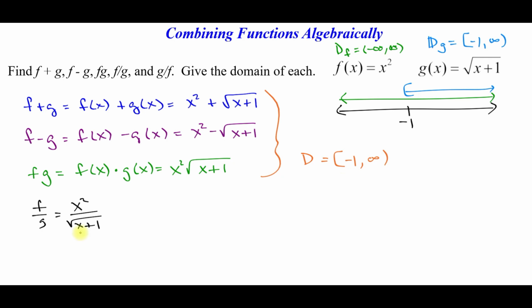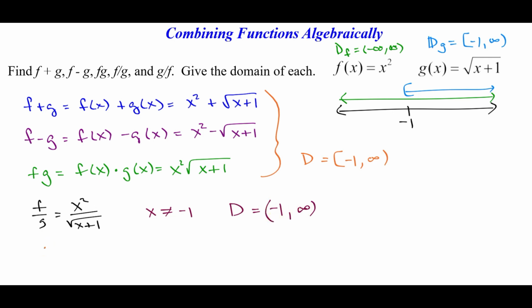So if I plug -1 in for x, then I'm going to get the square root of 0, which is 0, and we can't have 0 in the denominator. So in this particular case, x cannot be equal to -1. So I have to remove -1 from my domain. So my domain is going to look similar, -1 to infinity, but this time we're not going to include the -1, so we're going to have parentheses there.